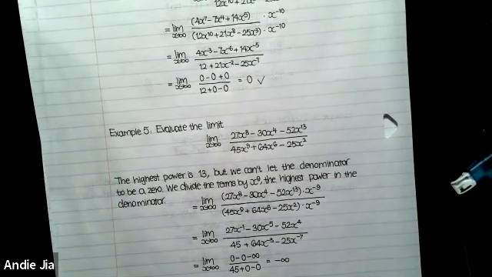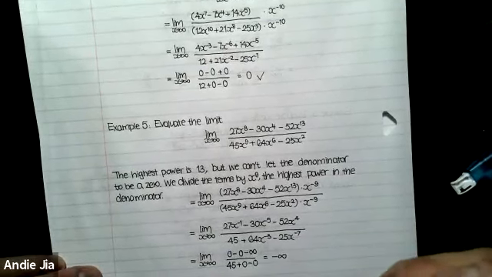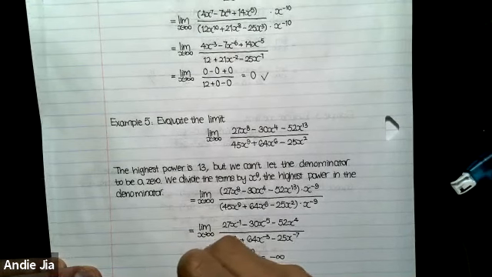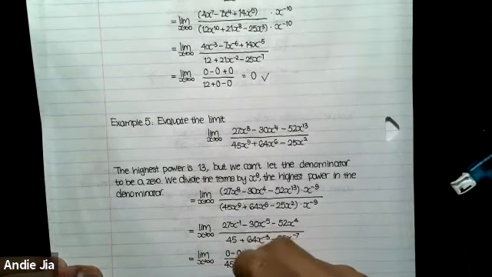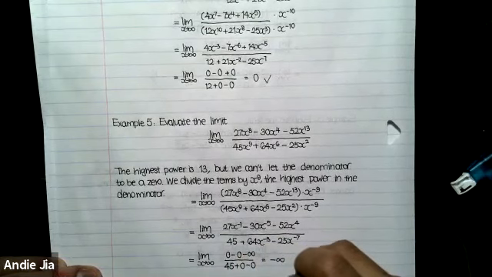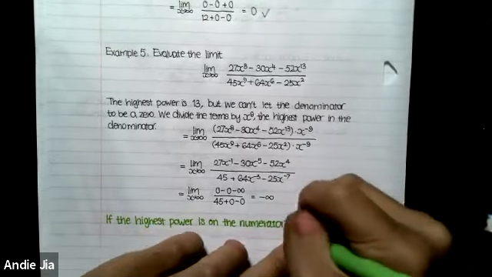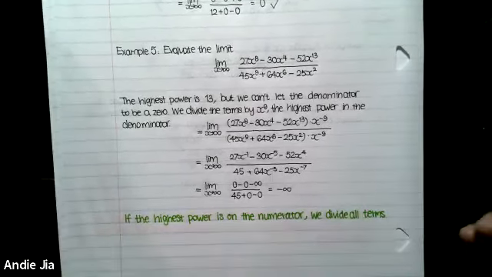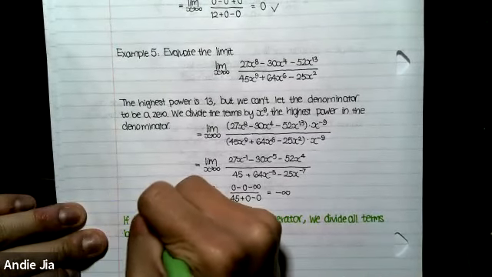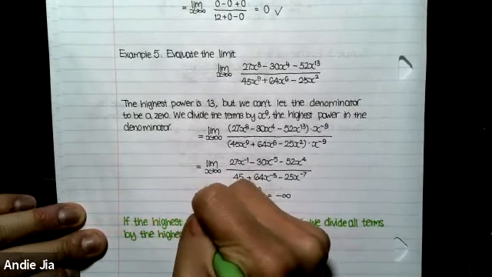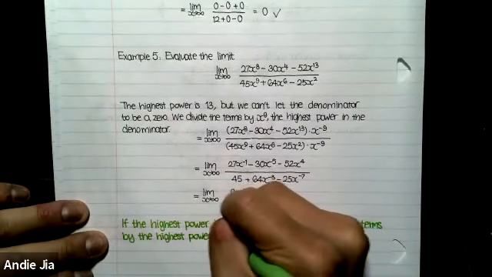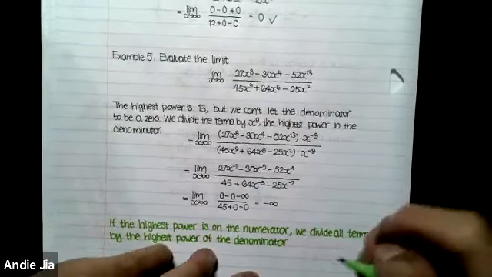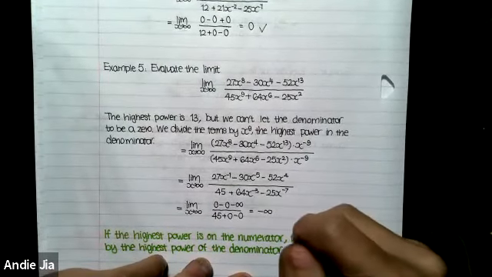So if the highest power is in the numerator, we divide all terms by the highest power of the denominator, and then cancel.